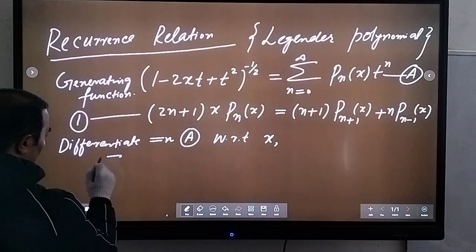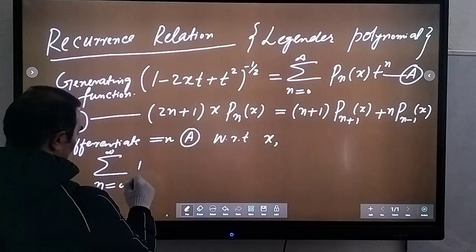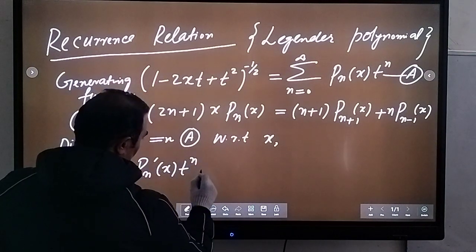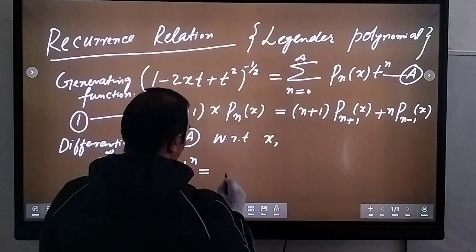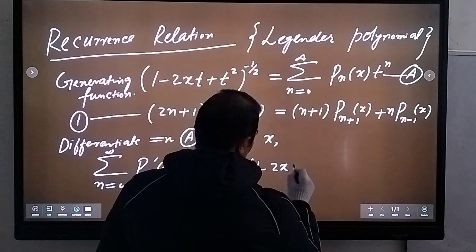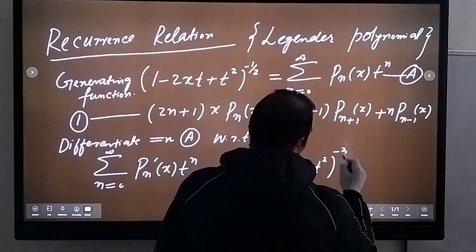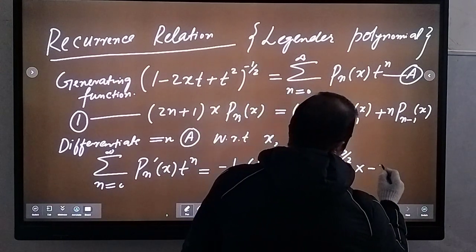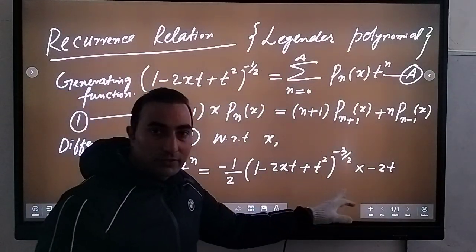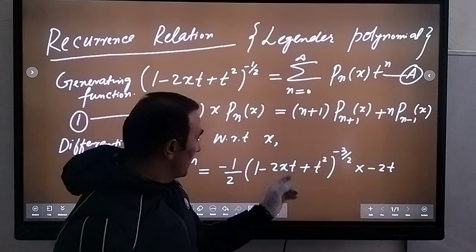So I can write this as that will be equal to, okay, because when you differentiate this, this will be minus 1/2 raised to the power n minus 1, so this will be minus 3/2, and now you differentiate this part.